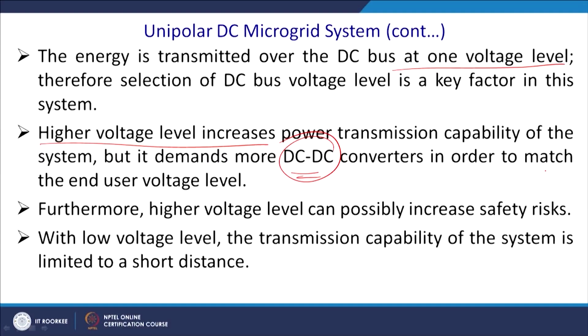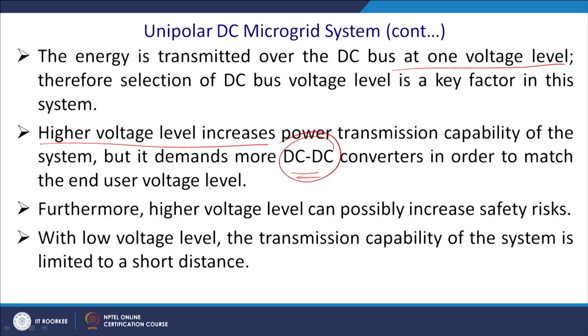Operation of the DC to DC converter is unlike a transformer, it is a little complicated because switching is involved, and it is not a dumb device like a transformer that works on windings. So it has losses, it has its operations, and it is required to be actively controlled, and thus it is associated with costs. For this reason we need to optimize the voltage level and the requirement of DC to DC converters in order to match the end user voltage level.